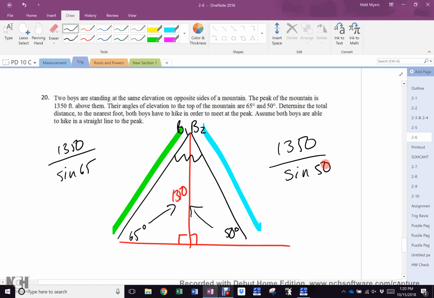Who walked further? Without going to your calculator, because a bunch of you didn't do this, without even looking, who walked further? Green or blue? Blue. Why?